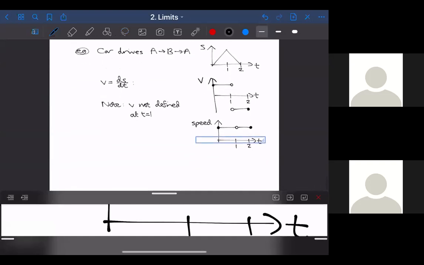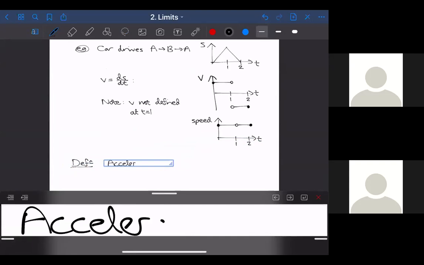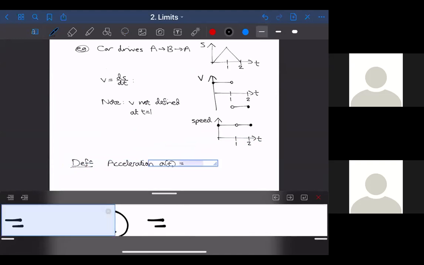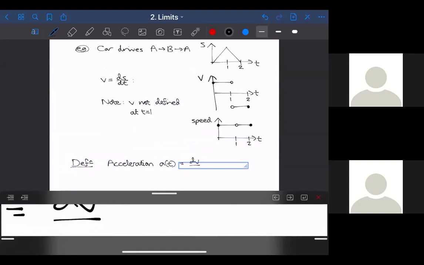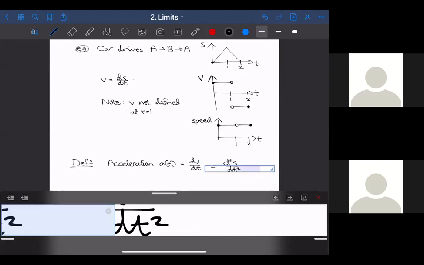So how can we calculate acceleration? Well, the acceleration, let's call it a function of t, is the rate of change of the velocity, and because the velocity is the rate of change of the position, this is the second derivative of position.